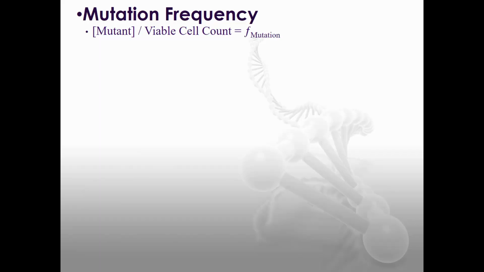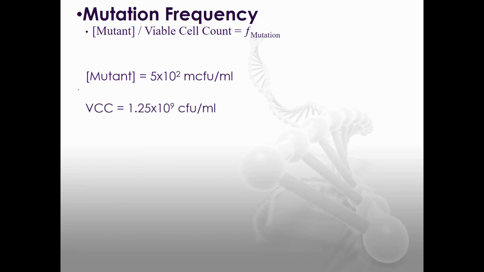So here we go. Mutant concentration, viable cell count, divide them, and we get our mutation frequency. Carrying it from the beginning, our mutant concentration was 5 times 10 to the 2 mutant colony forming units per mil. Viable cell count we just figured out, 1.25 times 10 to the 9 colony forming units per mil.